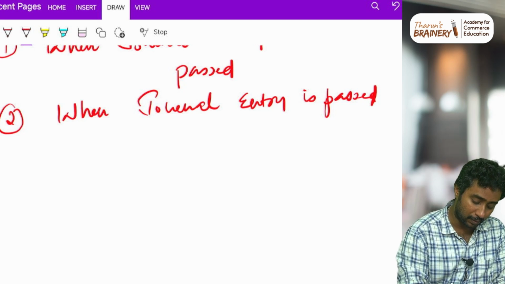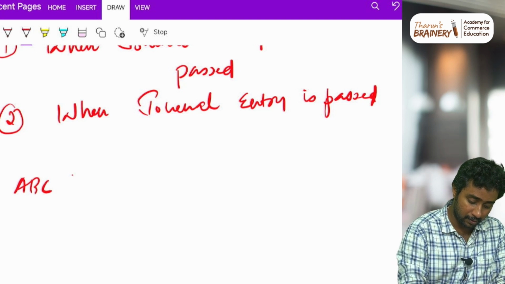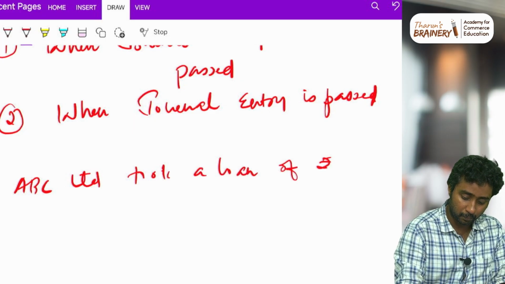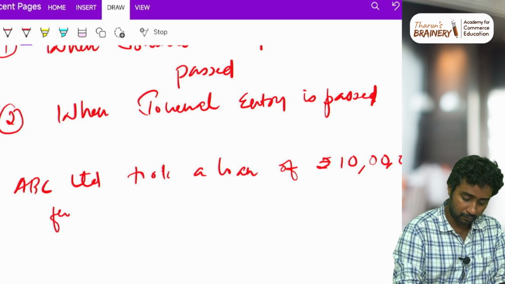Just imagine that one company, ABC Limited, took a loan of rupees 10 lakhs from SBI.